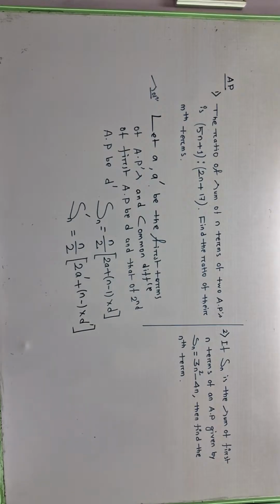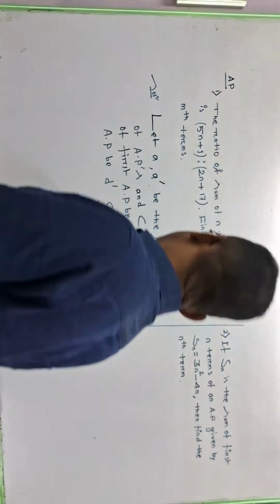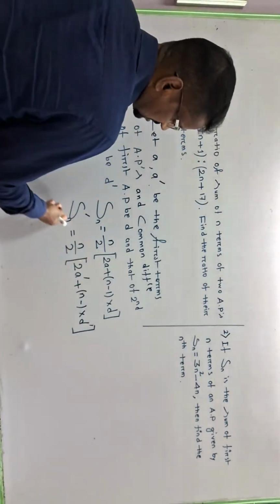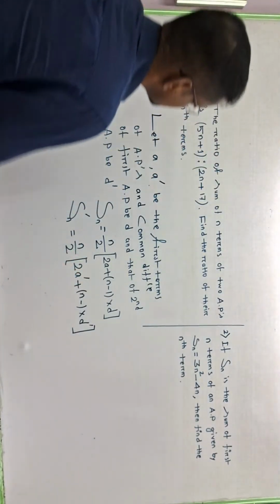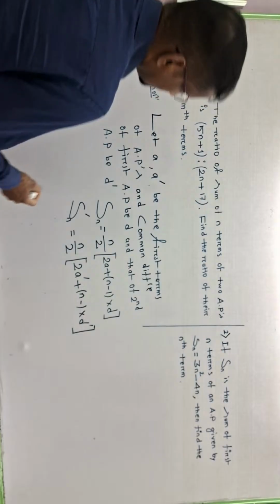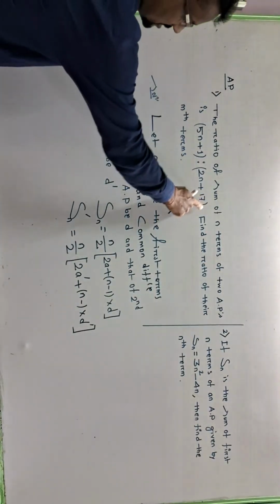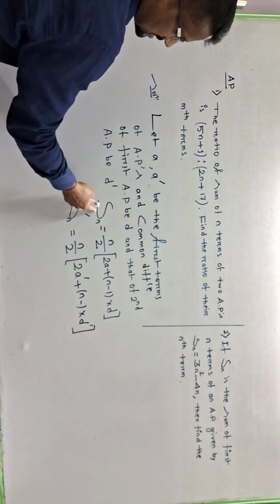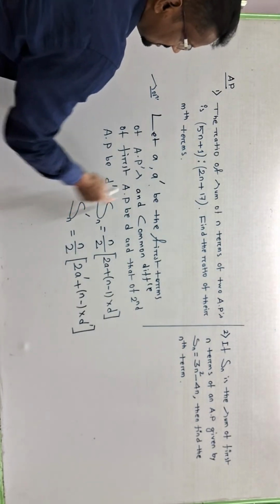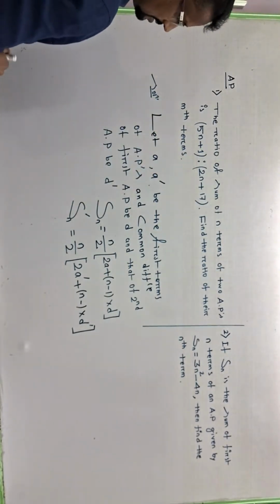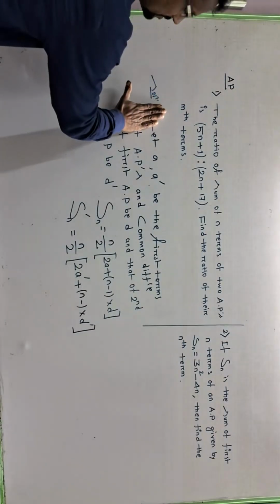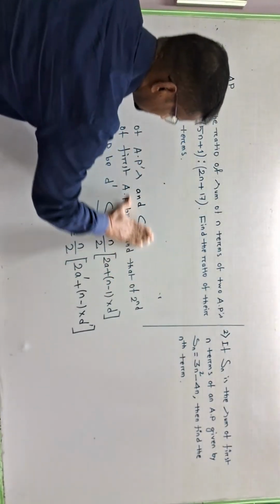Then you do one thing, that means sum of n terms for the first AP, this much, sum of n terms for the second AP, this much. Then they are saying that ratio of these two, that is Sn divided by Sn dash, is given as this much. So now I am going to rub this, here I will write.